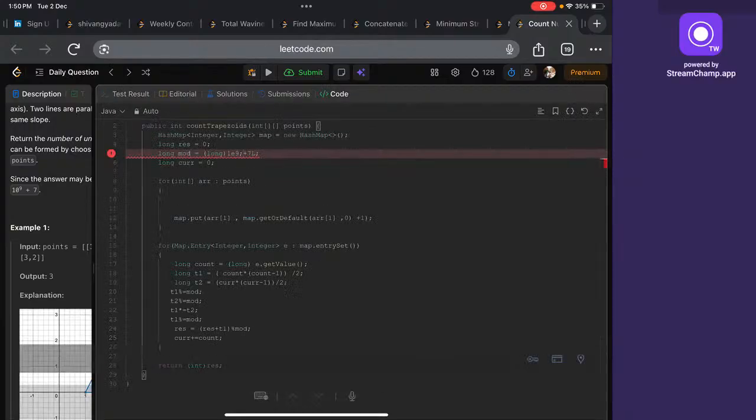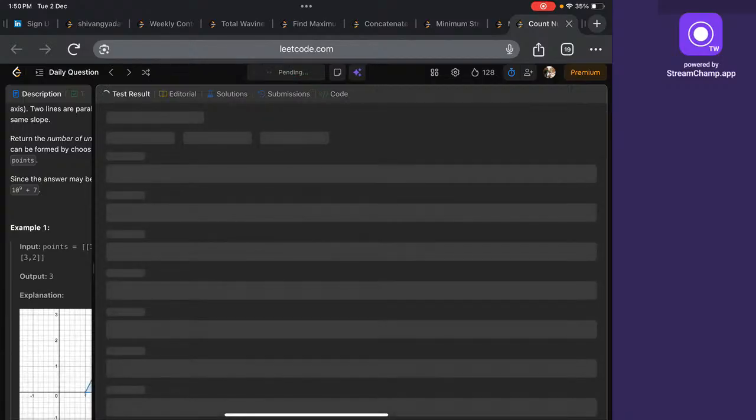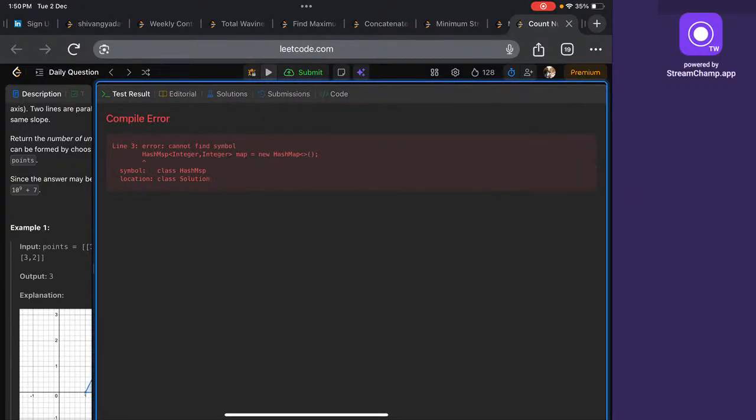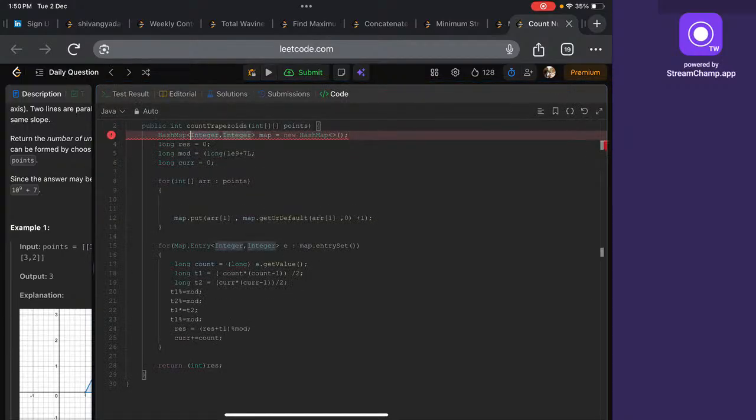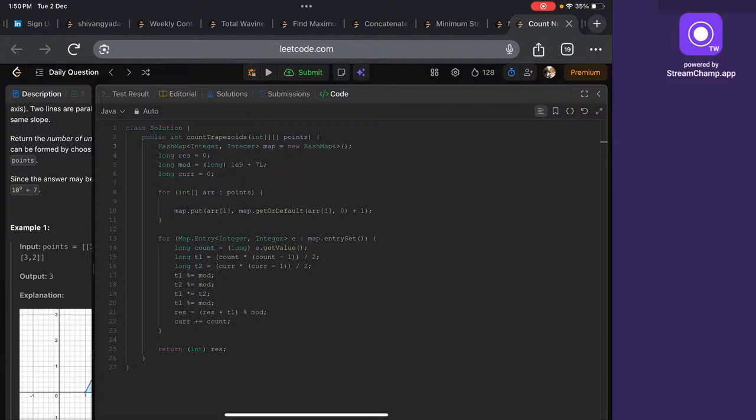Okay, I messed it up here. Okay, let me check again. Hash map, we have declared it correctly. New hash map. Okay, result is correct. Declaration mod long 1e9 plus 7, it's correct. Third statement is correct, and we are inputting values correctly in the hash map.